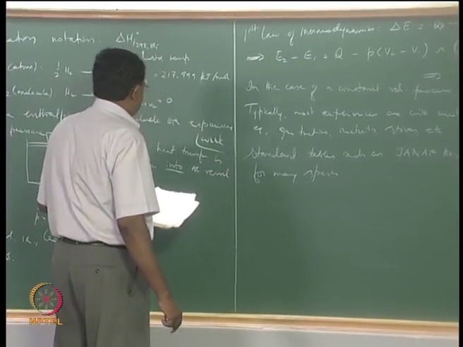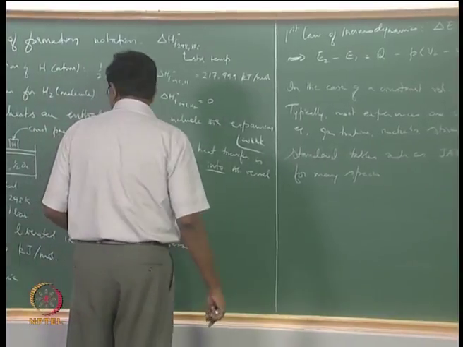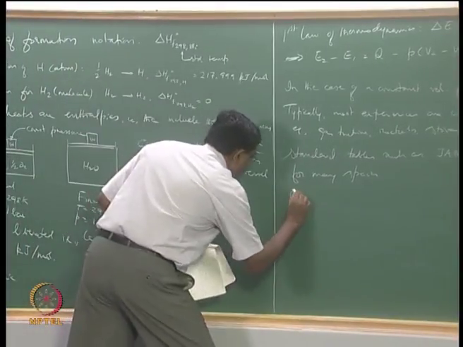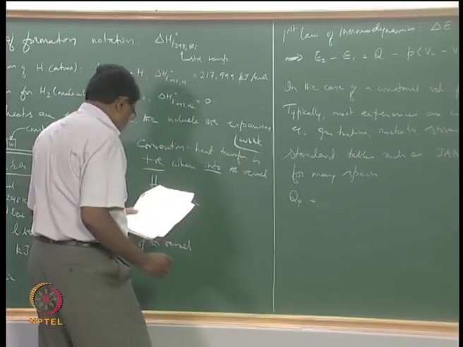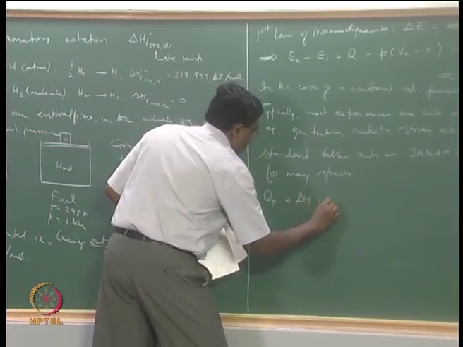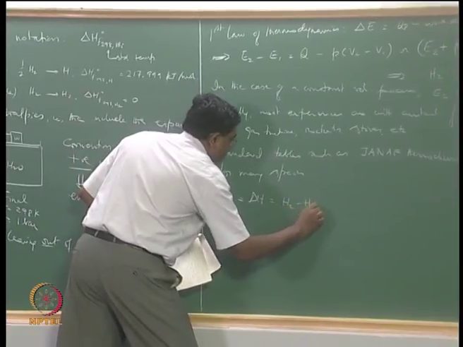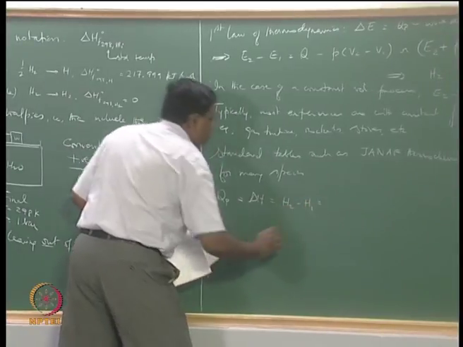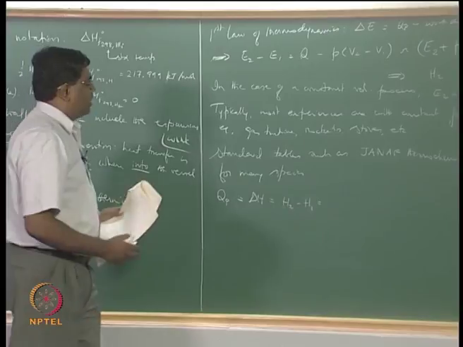So if you now look at the heat that is released, QP, as essentially a delta H, which is nothing but H2 minus H1, right, that's what we had here.